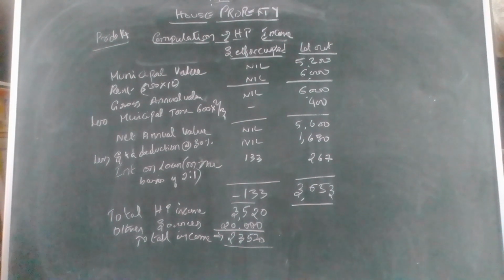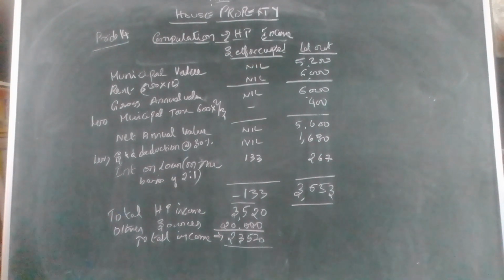So based on that, we take 2:1: two parts for the let out property, one part for the self-occupied property. Please understand, if the specific condition is absent, municipal tax may also be apportioned this way. Now the net annual value for the let out property is 5,600, that we have taken.